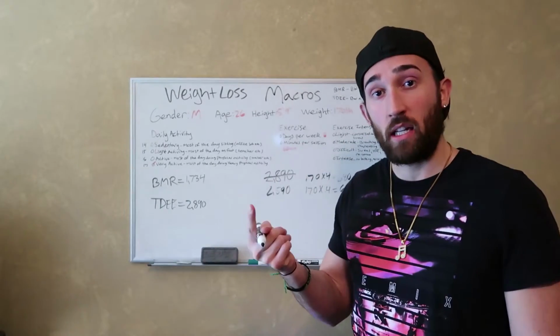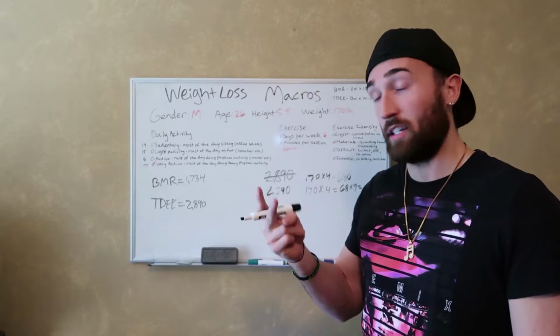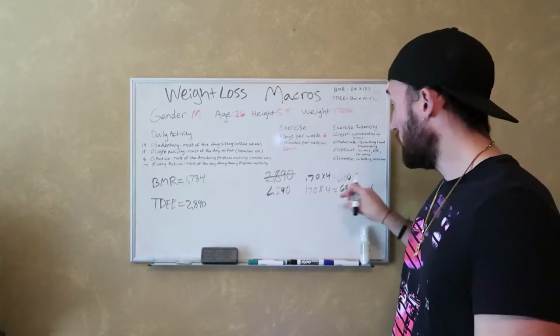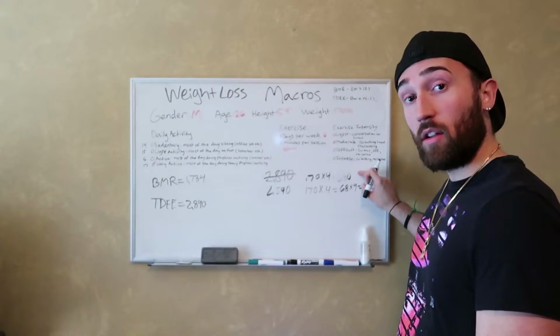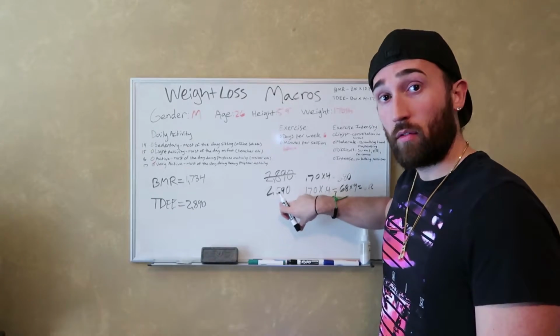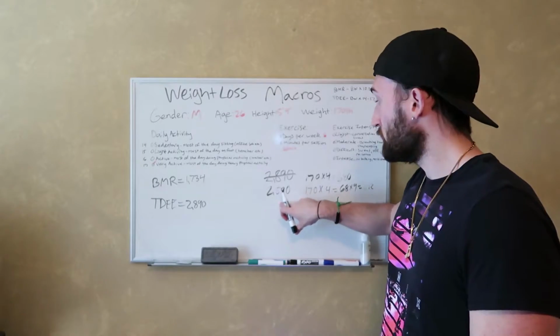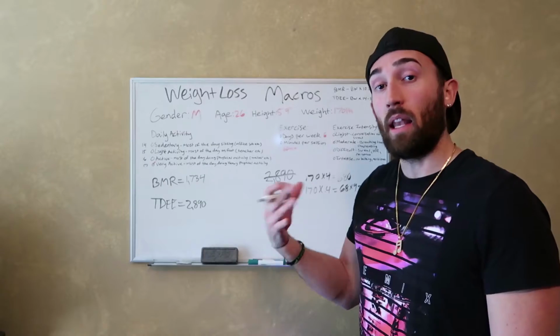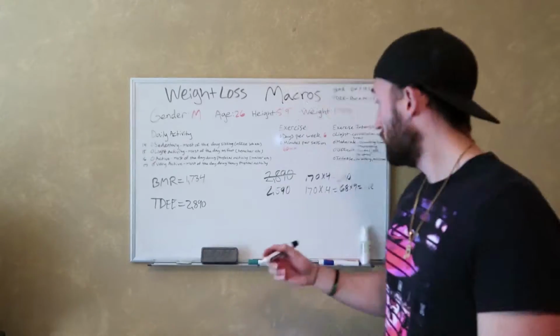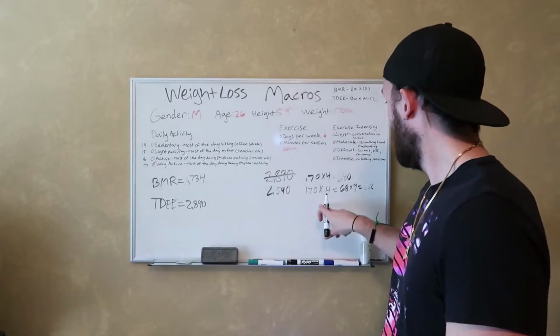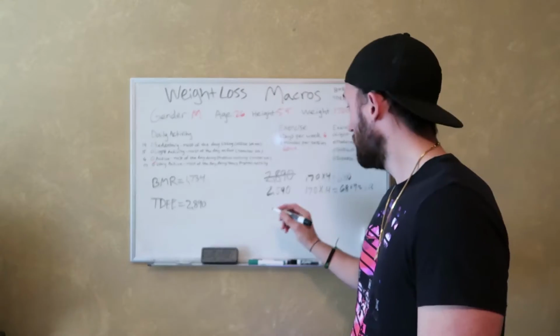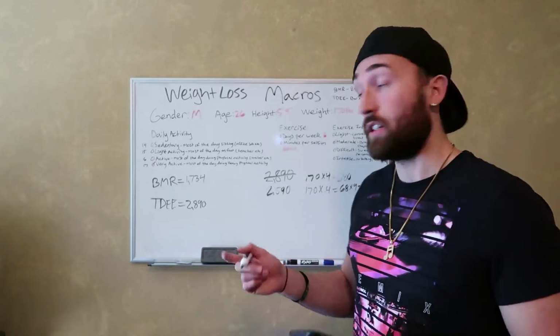Now that I have my protein calories and my fat calories, I need to take those two sums, add them together, and then subtract from my 2,590. This will give me my leftover calories for carbs. So 680 plus 612 is 1,292.